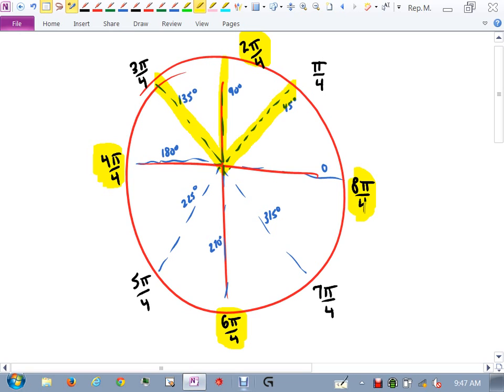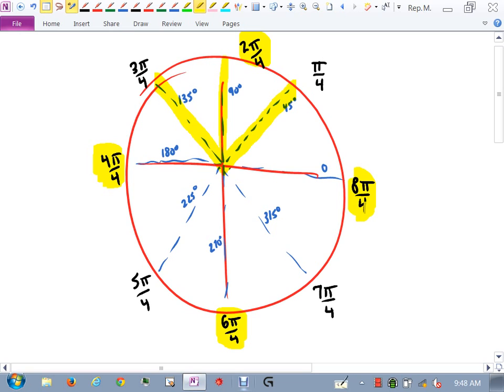Do you have any questions on how to create all of the common angles on the unit circle? If I gave you a quiz next class, walk in, blank unit circle, take everything off your page, do you think you could label all these angles? All right, well, that's a question you need to ask yourself. And I would say you should probably be prepared for that sort of quiz for next class.